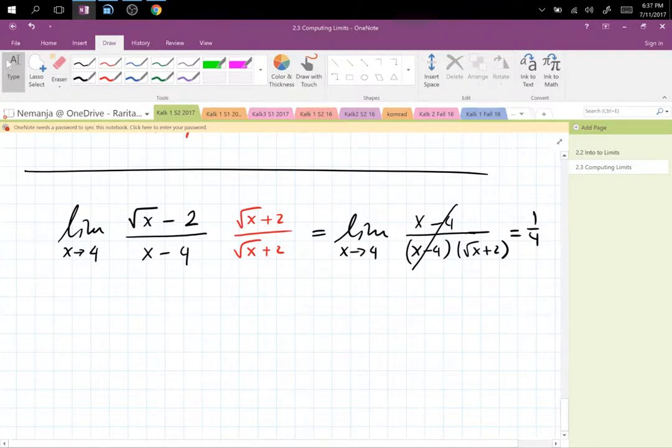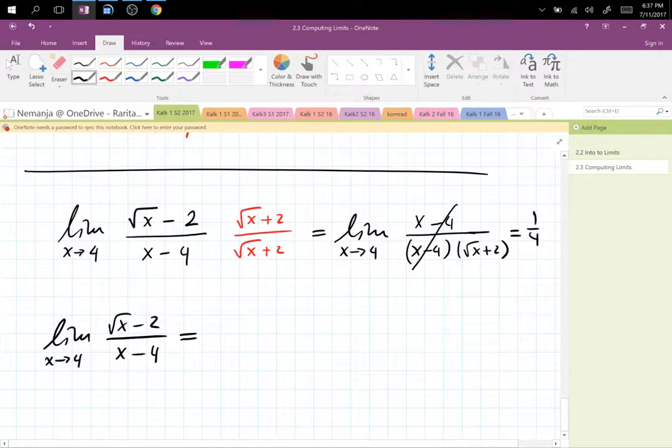Same problem. So we multiplied in the first attempt to solve the problem. So we foiled, right?